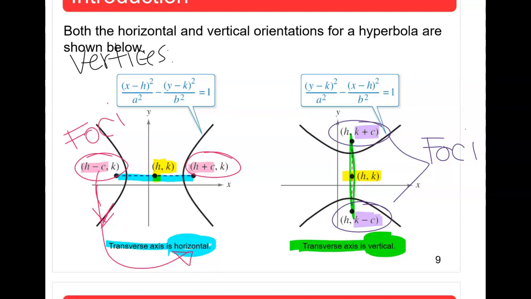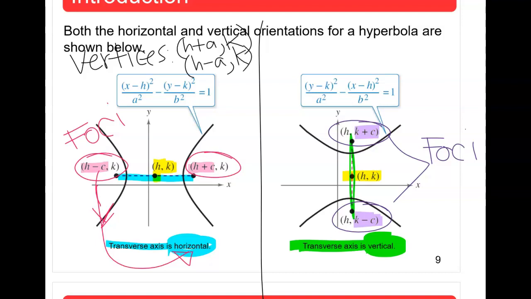In this case, if we're talking about the horizontal, we will be finding those points by making the change to the horizontal coordinate of the center. So it will be h plus a, comma, k, or h minus a, comma, k. For the vertical one, those changes for the vertices will be made to the k.